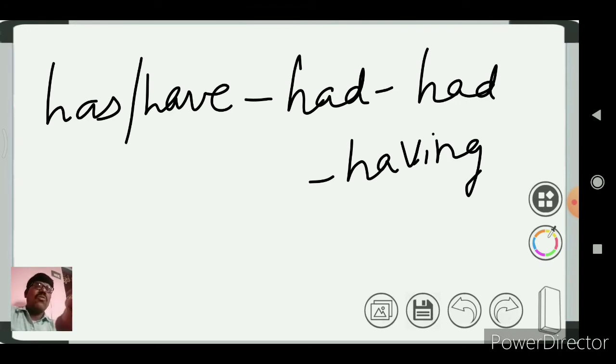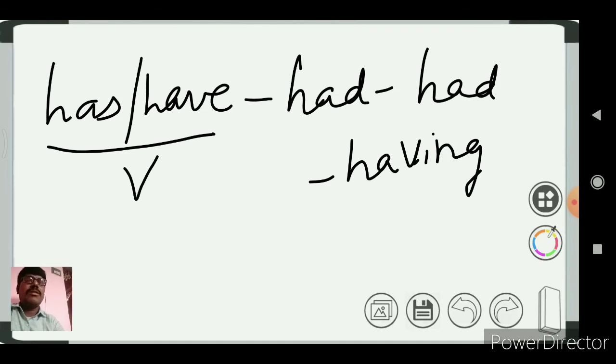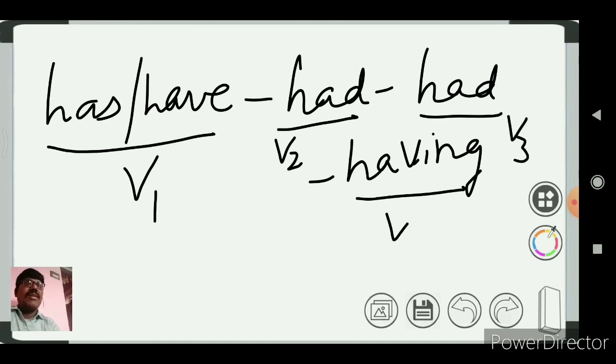So has or have, these two are base forms. V1. Observe here, V1, base form. Had, V2. Had, V3. Having, V4.